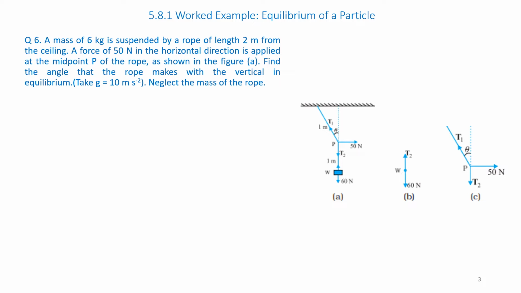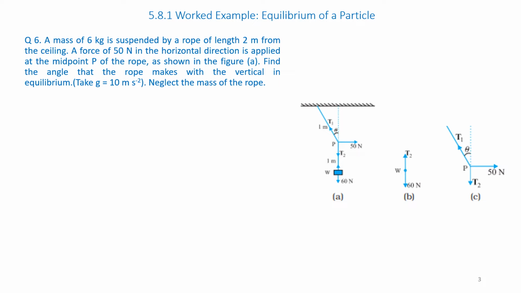Figures B and C are the free body diagrams of the equilibrium of a particle. Here W acts downwards at point P, and T2 acts vertically, and horizontal forces are also shown.